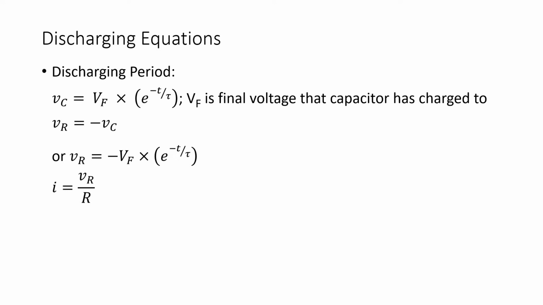We can also calculate this by taking negative VF times e to the negative t over tau. And the current flow of the discharging capacitor can be calculated using Ohm's law, VR over R.